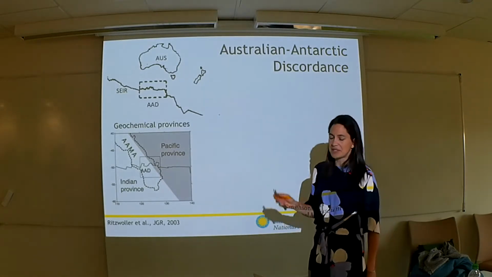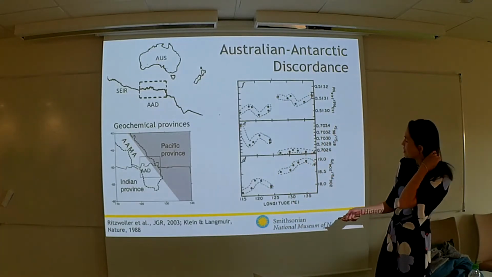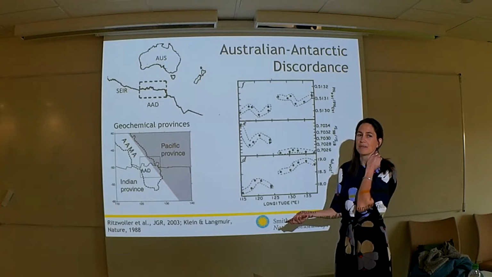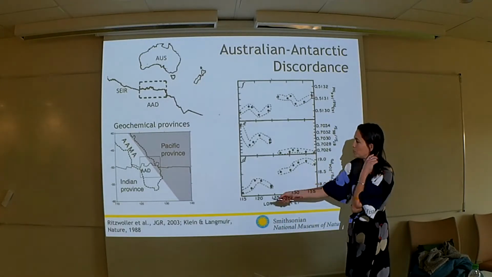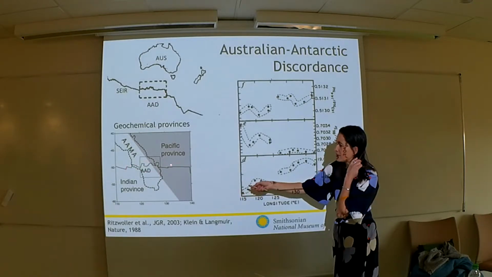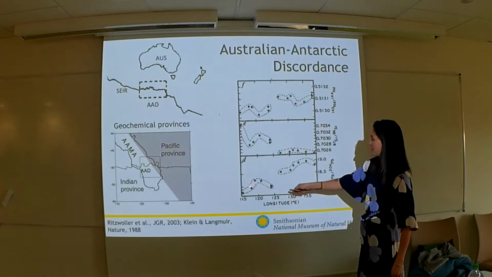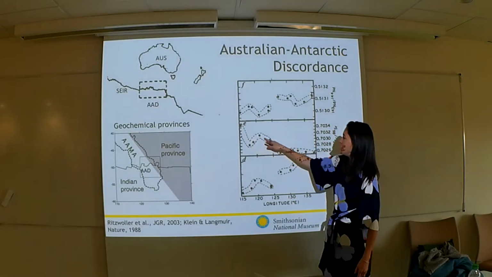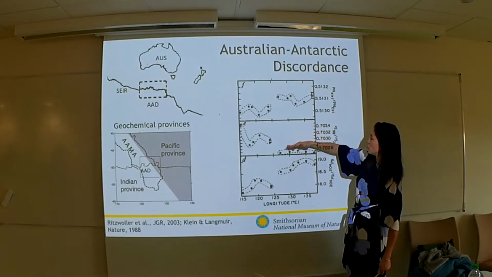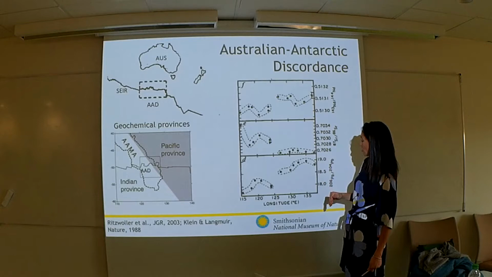There's a very famous geochemical boundary at this location. This was first published in Nature by Klein and Langmuir in 1988. As you travel from the Indian to the Pacific side along the ridge axis, you have a discontinuity or a discordance in the geochemistry. A sudden drop in strontium isotopes, sudden increase in neodymium isotopes, lead.